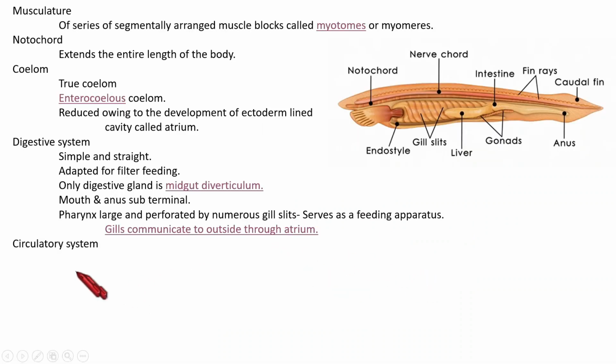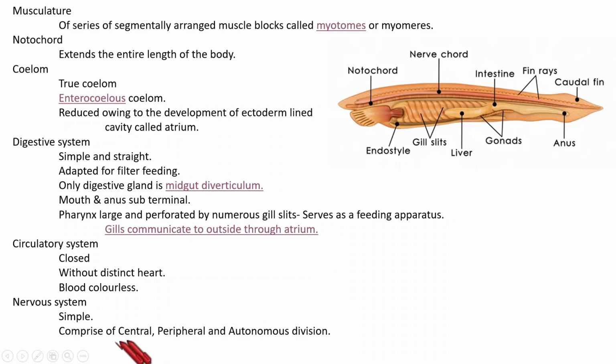Okay. Then what about the circulatory system? The circulatory system is of a closed type without a distinct heart. There is no distinct heart, and the blood is colorless. And regarding the nervous system, it is also very simple. Like that of advanced forms, the nervous system has divisions: central, peripheral, and autonomous. The central nervous system, we know, in higher organisms is composed of brain and spinal cord.